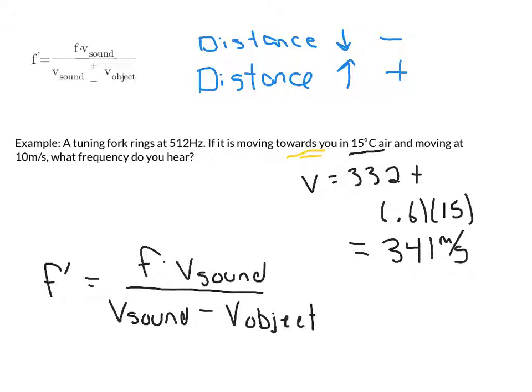I'm out of room, so I'm going to flip screens so we can crunch this one out. So next screen, the speed of the object was 10 meters per second. So we can go back to f prime. That's what I'm going to use for the new frequency, or sometimes I call it the perceived frequency. It's the old frequency, for this question, 512, multiplied by the speed of sound, for this question, 341.